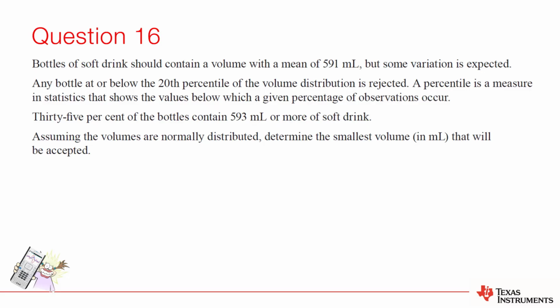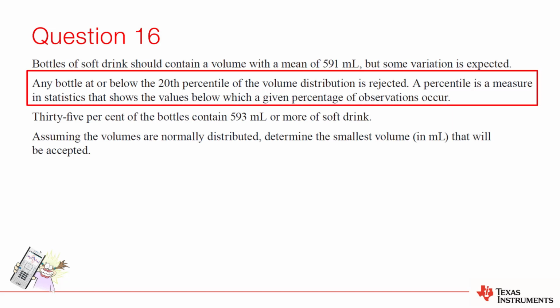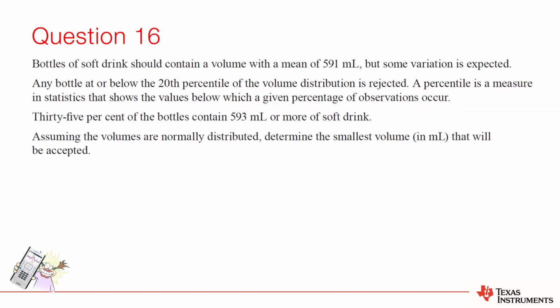Okay, so that's sort of 2 parts of this question. We want to find now what percentage are rejected. Remember, any bottle less than the 20th percentile was rejected. So now we know that the bottles are normally distributed with a mean of 591 and a variance of 5.19048 squared, the value just found.